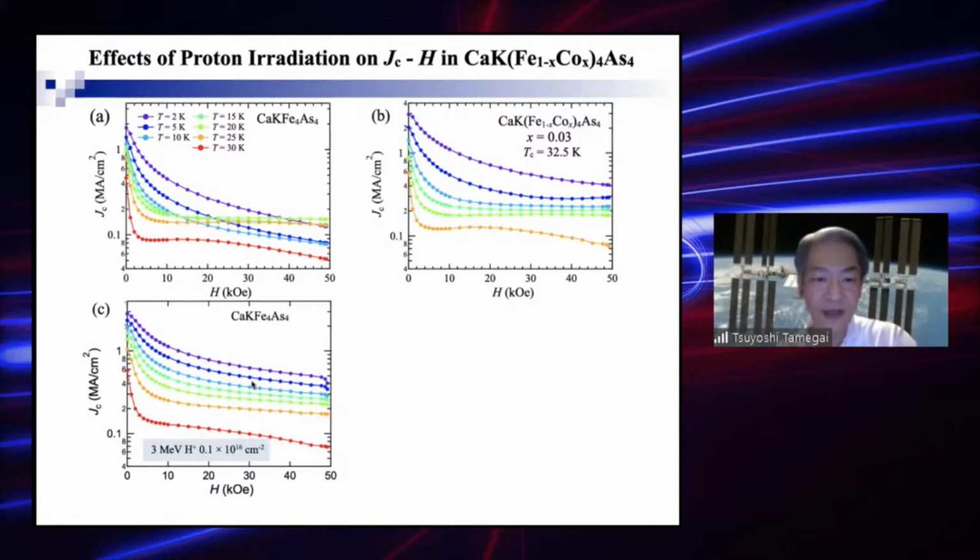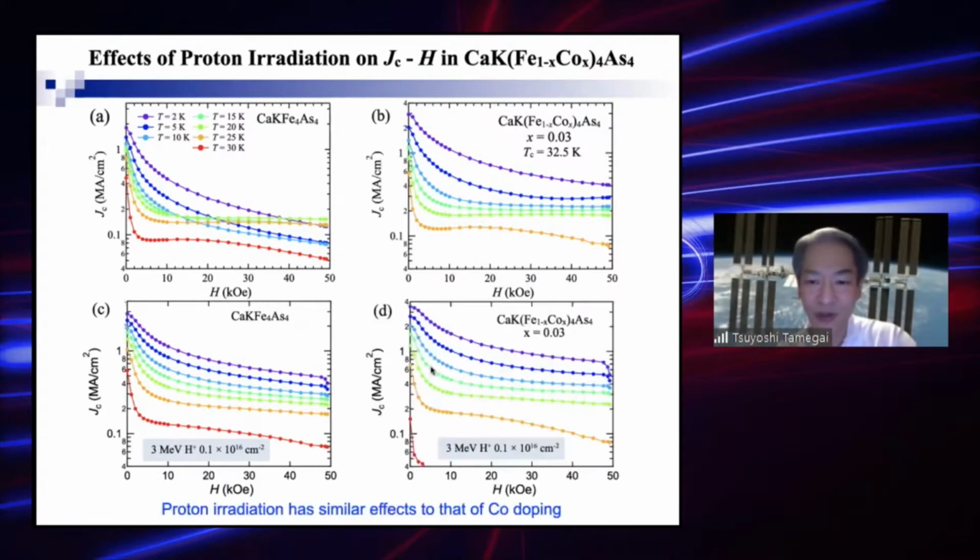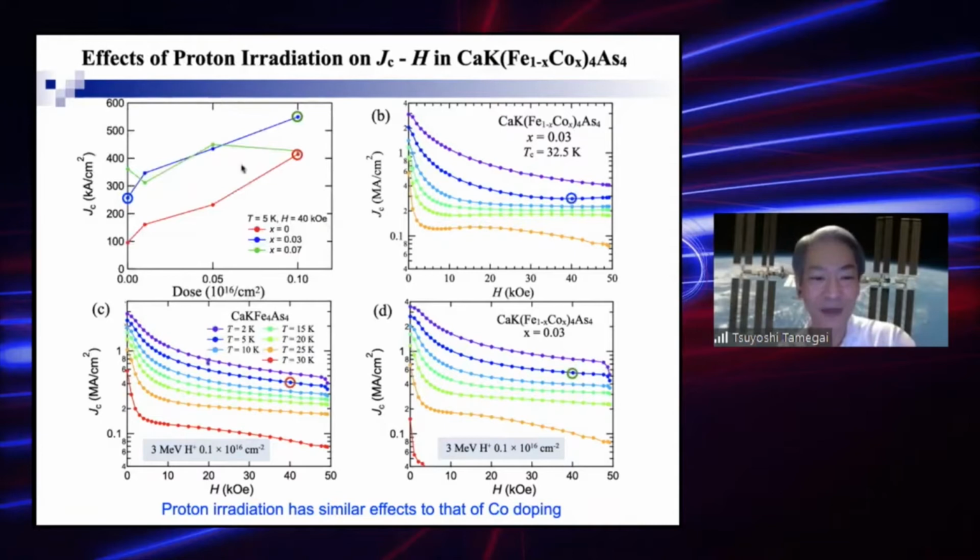So we can conclude that a small amount of cobalt plays a very similar role to a small amount of proton irradiation. Of course, when we do both, namely cobalt doping and proton irradiation, we have even higher Jc like this. So the comparison is like that.